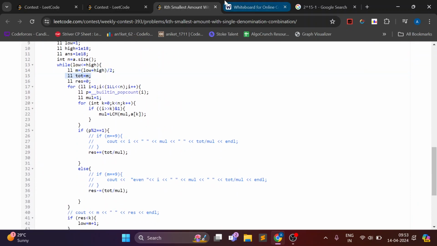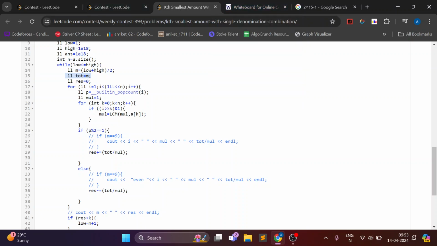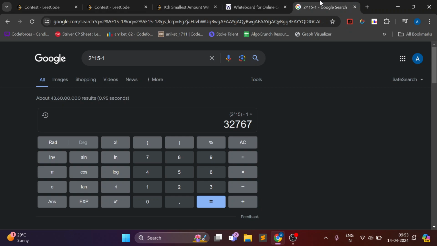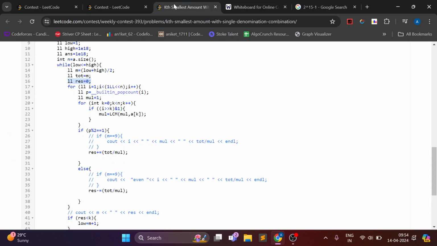The total number of elements from 1 to m will be equal to m, and I'm declaring res equal to 0 for storing the multiples. Now I'm iterating from 1 to 2 raised to the power n minus 1. I don't need the condition where I'm not choosing any of them, so I have to remove that.